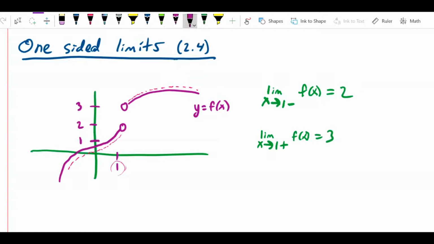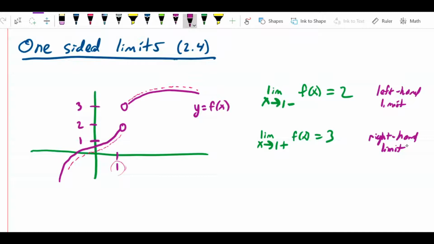So this is what is called the left-hand limit. This is what's called the right-hand limit.